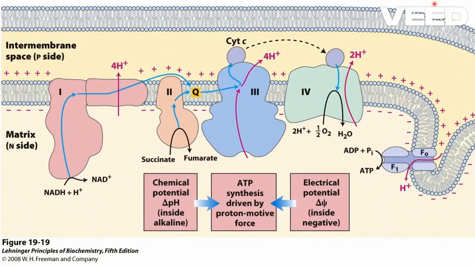These two serve as a reservoir of energy. So when these protons return to the matrix side through the ATP synthase enzyme, it uses that energy like a dam that we use to produce electricity from water.